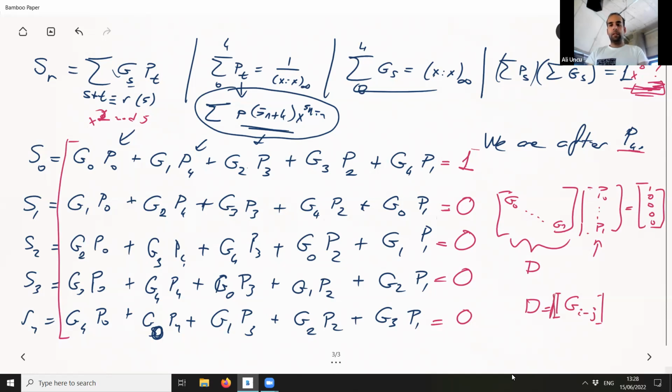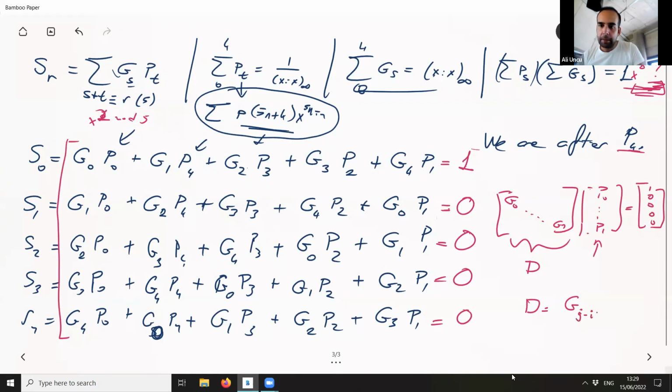Am I correct in this? So 0 0 is fine. I and J, I think it should be J minus I. But still, it's just the GIJs.